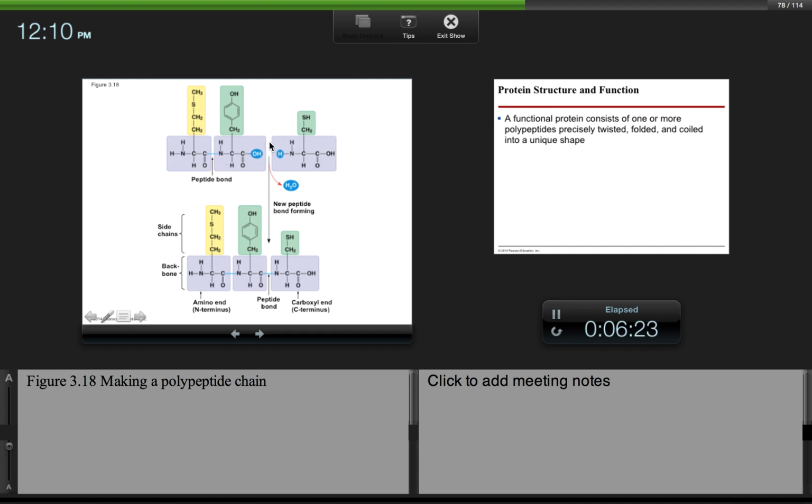And then through condensation synthesis or dehydration synthesis, what happens here is a hydroxyl group gets removed from this amino acid, from the carboxyl end, and a hydrogen gets removed from the amino group of this amino acid, forming water and creating another peptide bond between the carbon and the nitrogen.